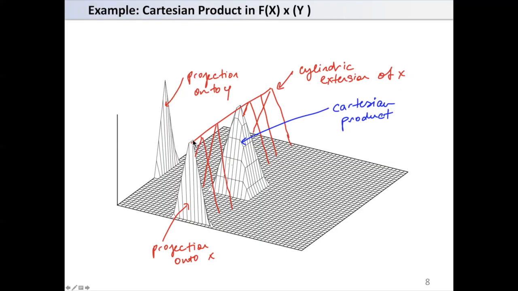Let, for example, A be this fuzzy set and B be this fuzzy set. If we take the Cartesian product of A and B, then we obtain such a relation.